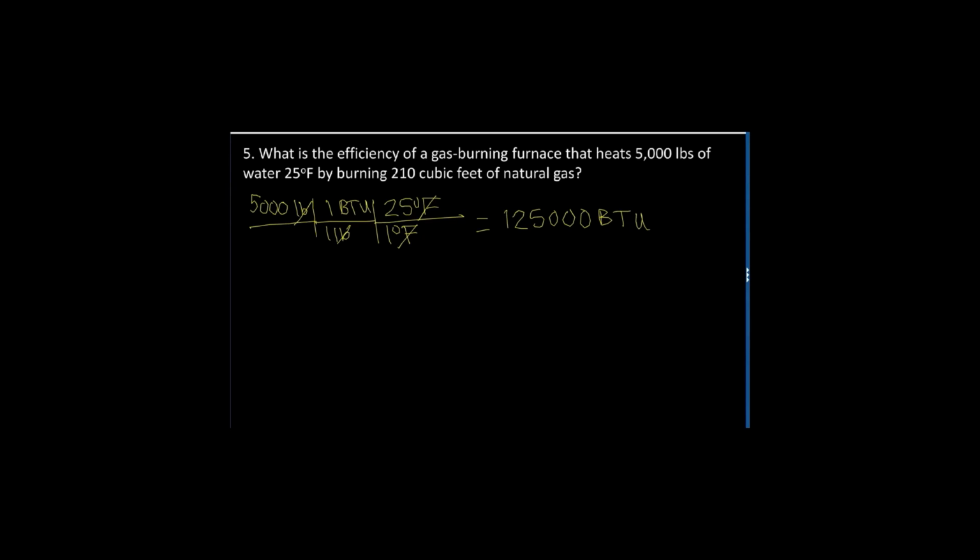Okay. And now we need to figure out what this 210 feet is. And then whichever one's the largest is going to be on the bottom, because you can't have a machine that is more than 100% efficient.